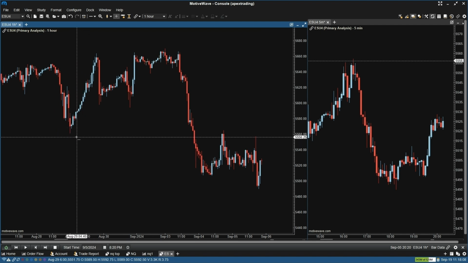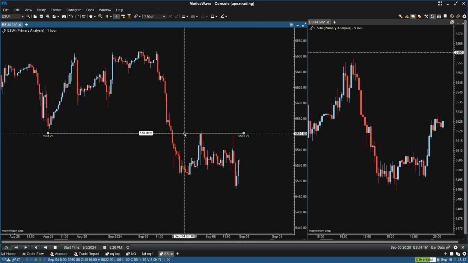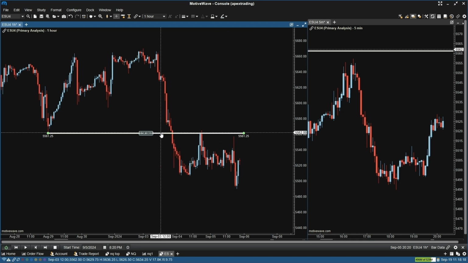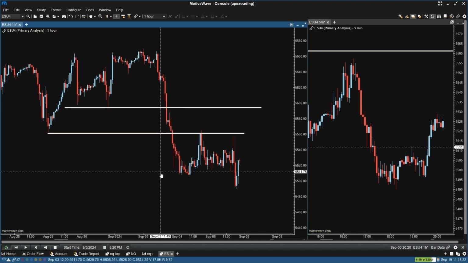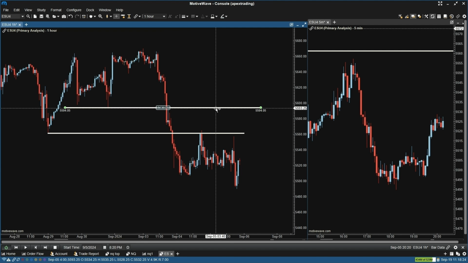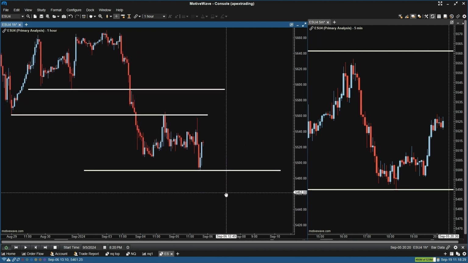So we can see that we have this low, a major low for me on the hourly, right? I also have this low here and this low, right?